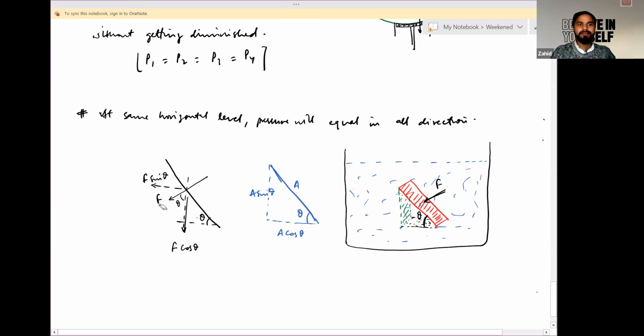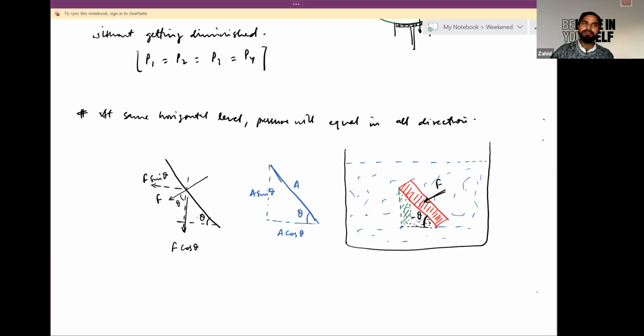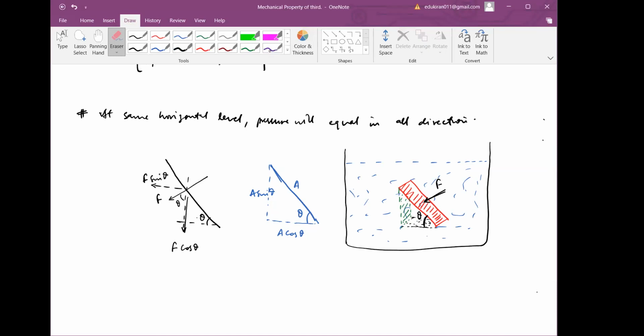So for this theta, the component of force along this direction will be F cos theta, and along the other direction it will be F sin theta, using the resolution of vectors. Similarly, the area of cross section A of this strip, which is inclined at some angle theta, has a base component A times cos theta and a perpendicular component A times sin theta. Is it clear now? Yes, sir.